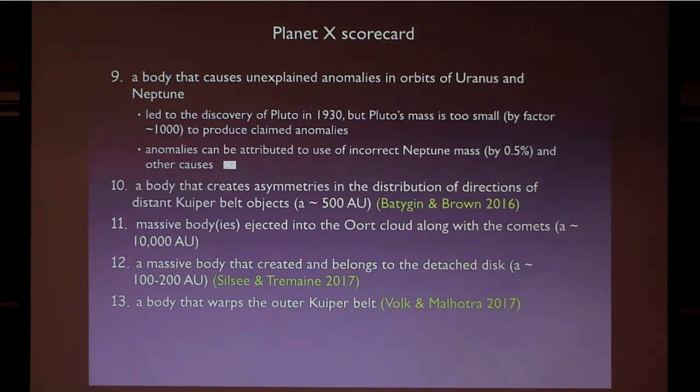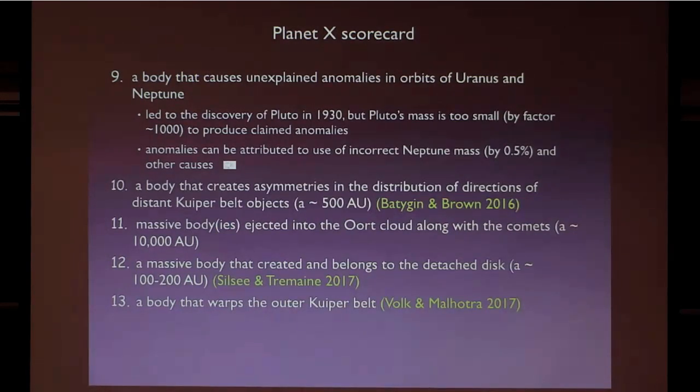And so it's pretty clear that there are no significant inconsistencies in the current ephemerides of the outer planets, and even if there were, Pluto is too small to cause them. This was, of course, the reason Pluto was demoted.